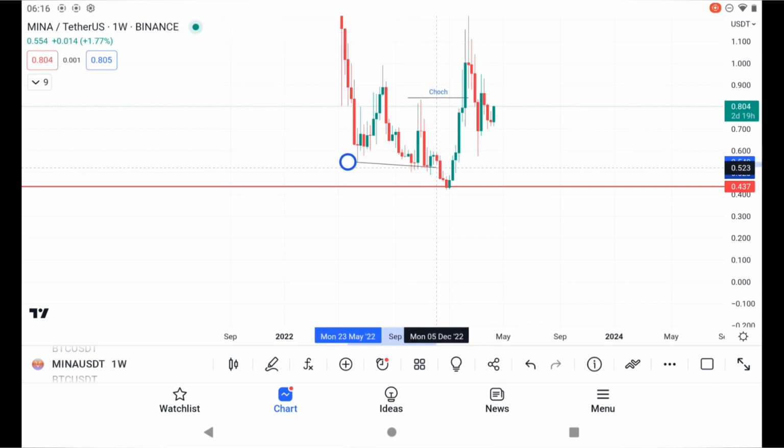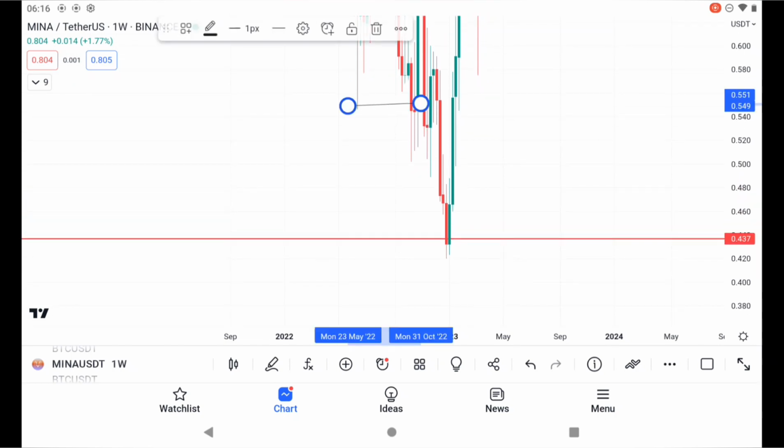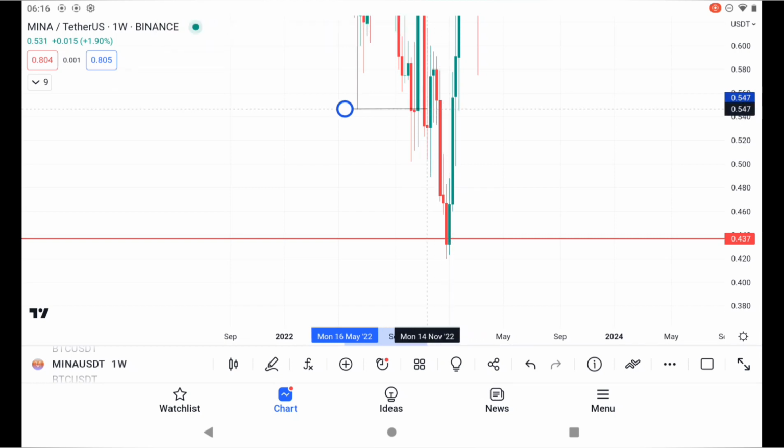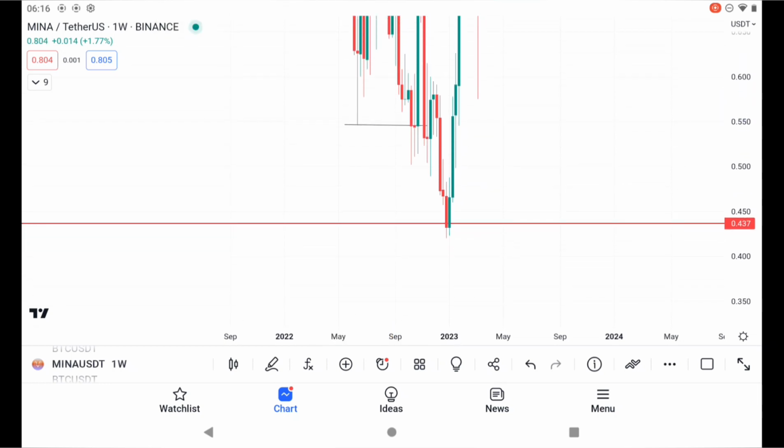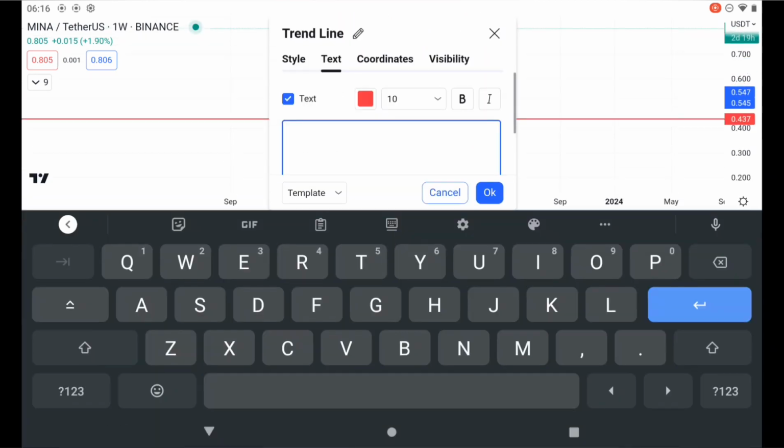Let me just align this properly so that you see everything we're doing in detail. Right? Good. We have our break of structure somewhere around there. I'm going to call that BOS.